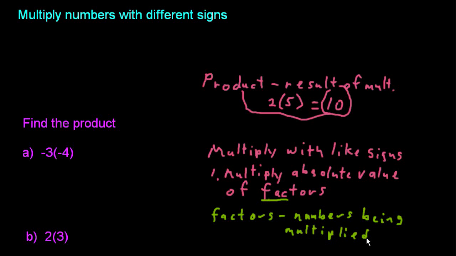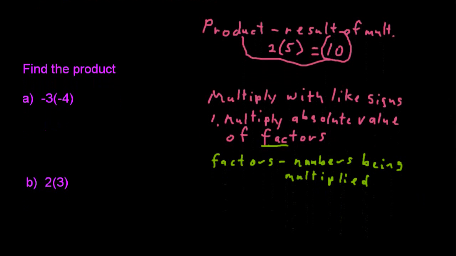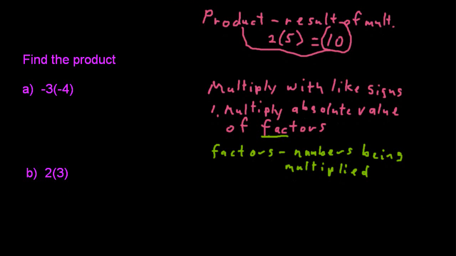Okay, so looking at our first problem, what are the factors? We have -3 times -4. The factors are -3 and -4. The absolute values of those is just 3 times 4, and what is 3 times 4? 12. But how about the sign?